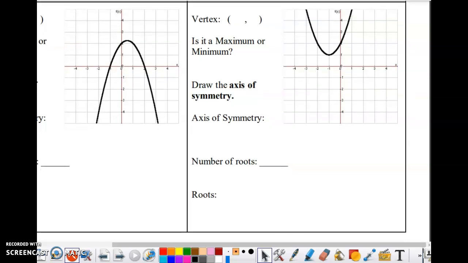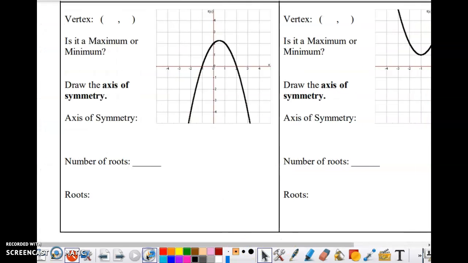Let's go down over here. How is this one opening? Okay, this parabola opens downward. That means it has a maximum point, right? Because that's the highest point that it's going to go to. So it's a maximum.